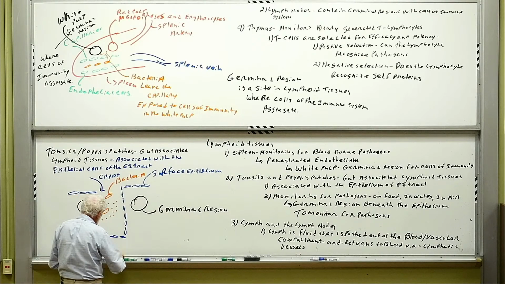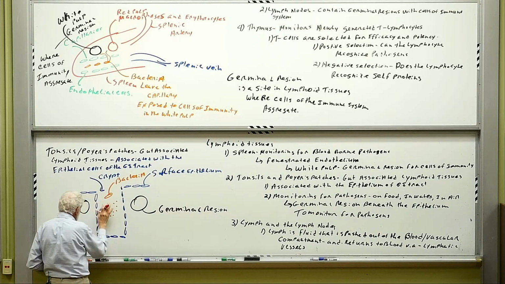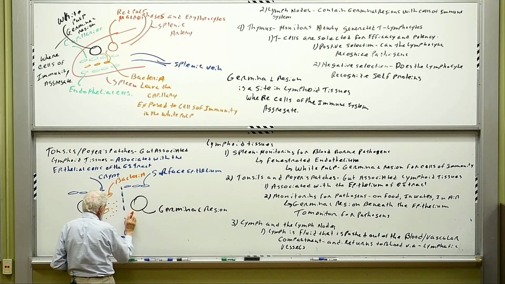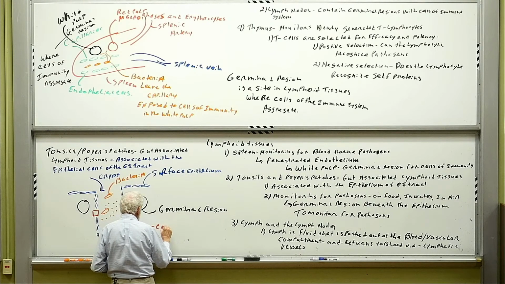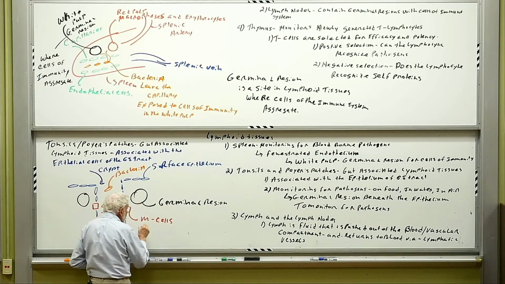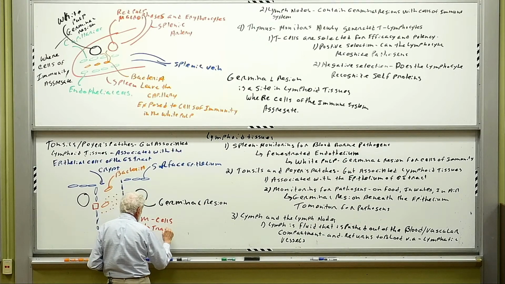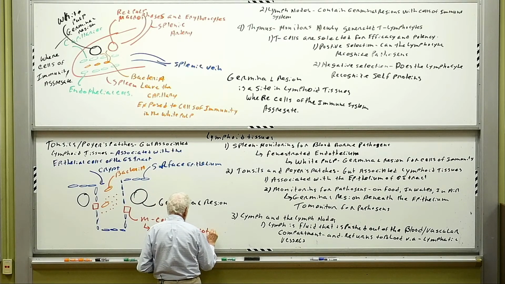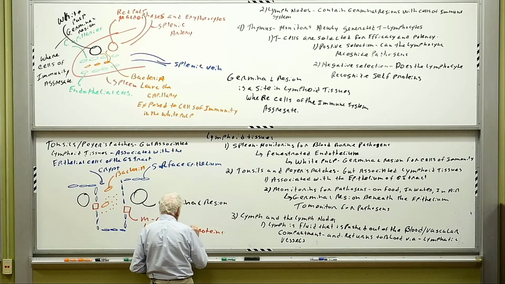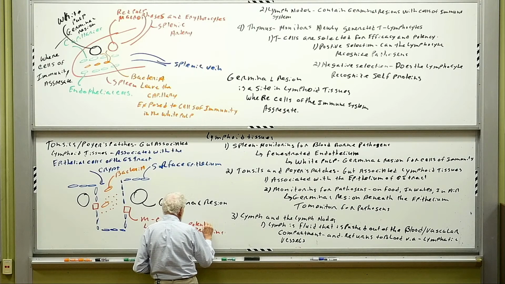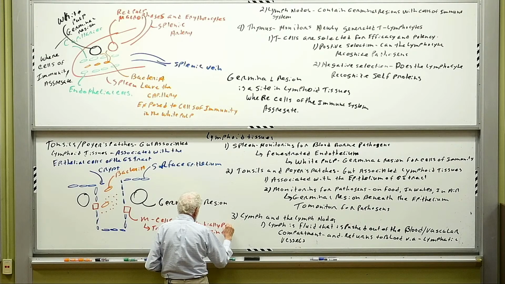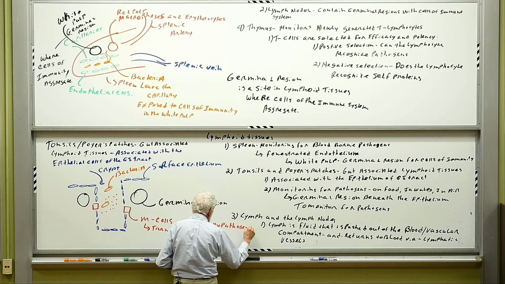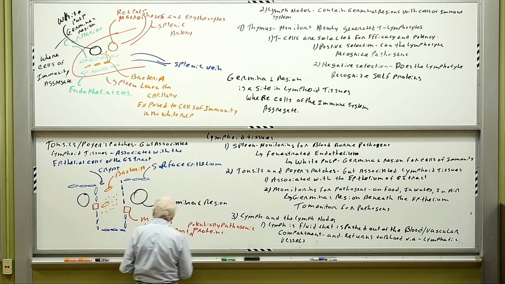Proteins are sloughing off. And there are specialized cells among the epithelial cells called M cells. And the function of the M cells is to transport proteins, in this case, potentially pathogenic proteins across the epithelium.